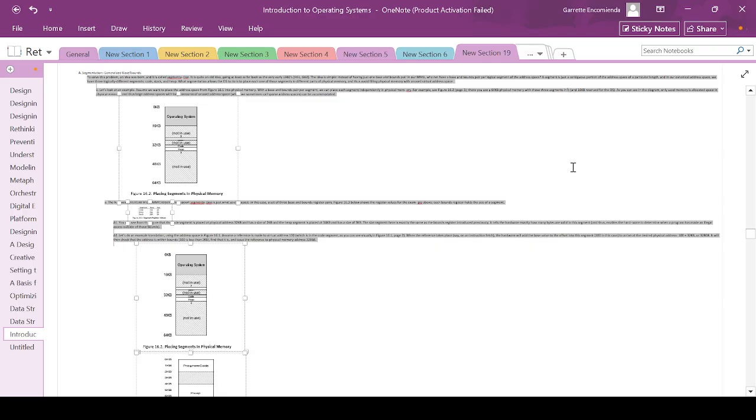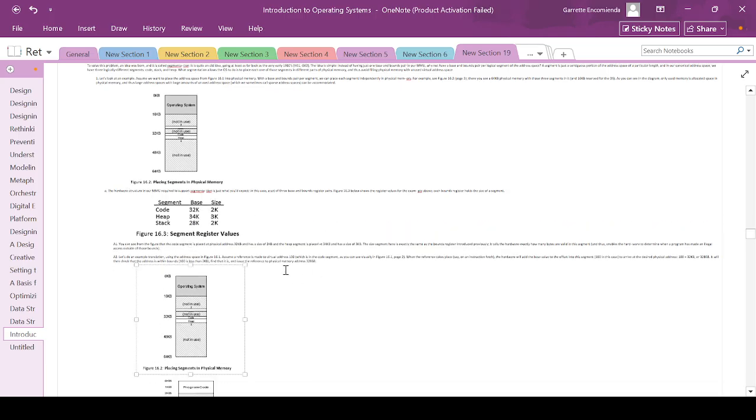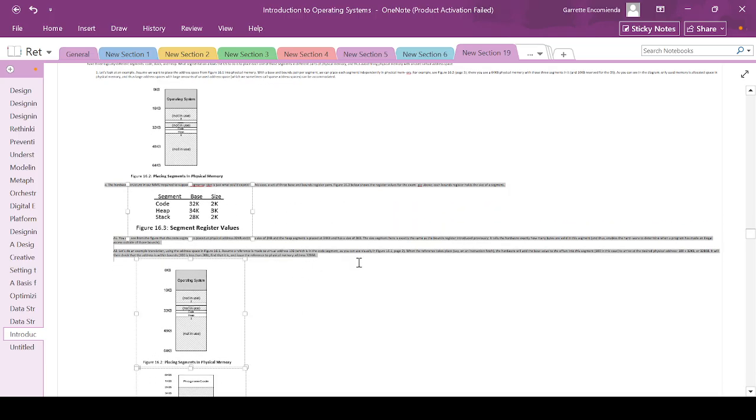So this 64 kilobytes has three segments and 16 kilobytes reserved for the OS. As you can see, we have code, heap, and the stack. It doesn't have the same structure as before, like code, heap, and then the stack at the bottom. The hardware support in our MMU required to support segmentation is what you'd expect: a set of three base and bounds register pairs.